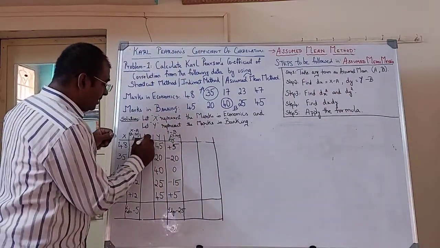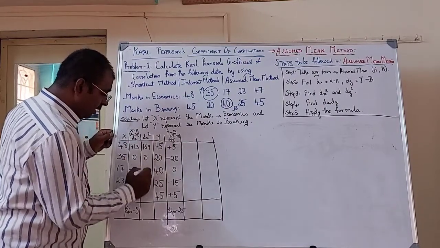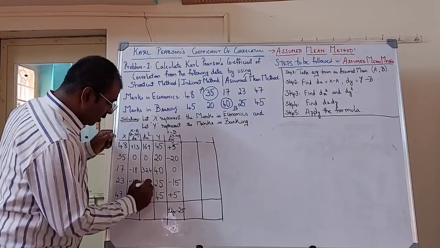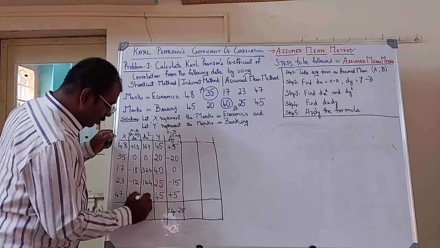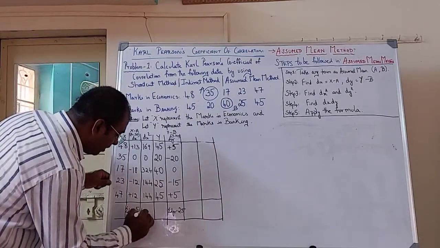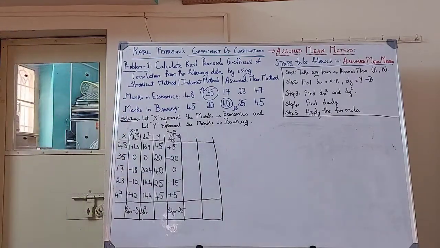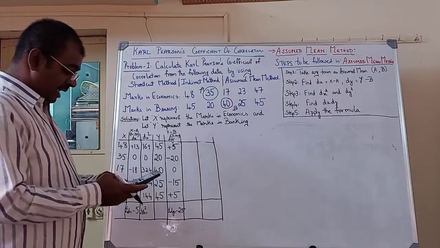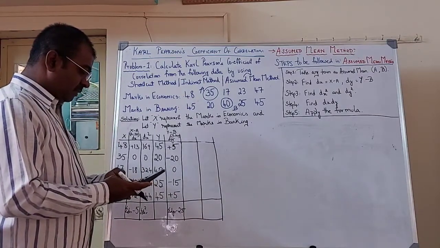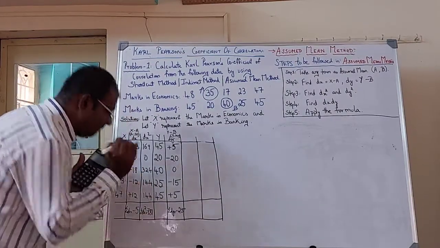So dx square, 13 13s are 169, 0, 18 squares are 324, 12 squares are 144, again 12 squares are 144. So sigma dx square is equal to, when we start adding all these values, 169 plus 324 plus 144 plus 144, what we get is 781.